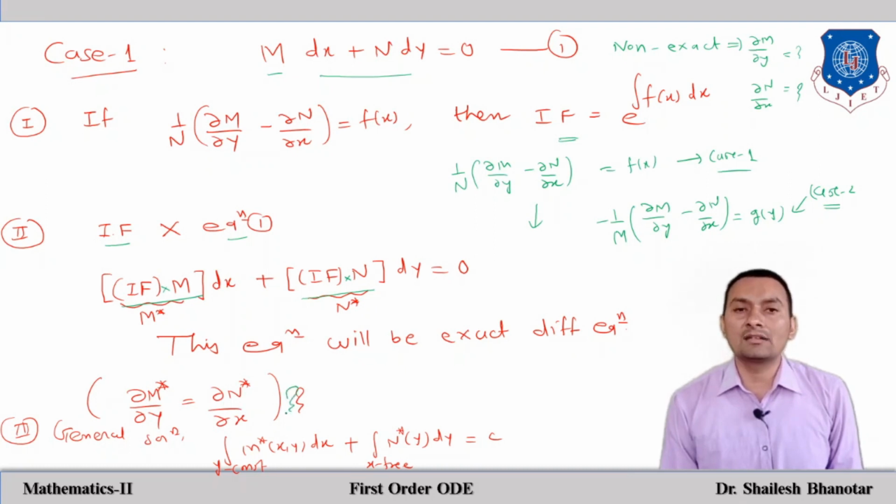If it is, then we can say that differential equation number 2 is exact, and hence we can write its general solution: integration of M star of x, y over x, keeping y constant, dx plus integration of N star, terms free of x, dy equals c, where c is an arbitrary constant.